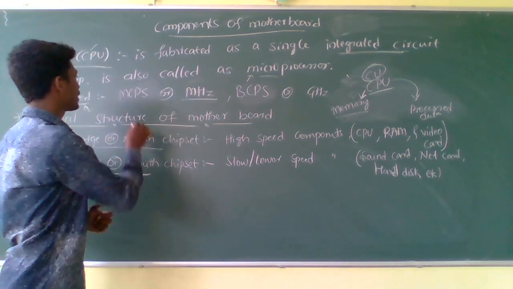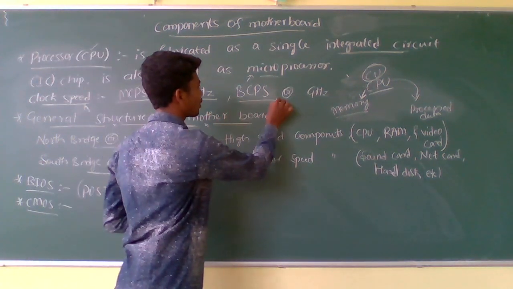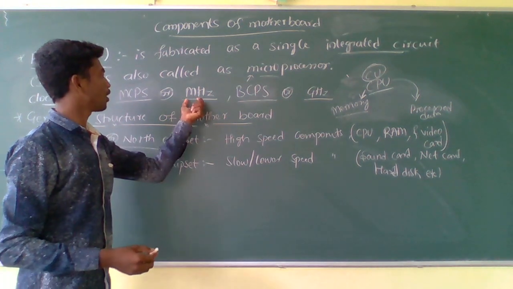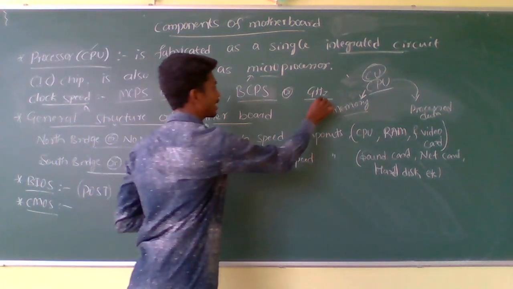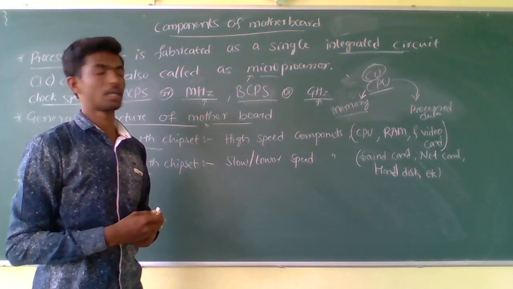Megahertz means millions per second, or billions per second, which is gigahertz. Megahertz or gigahertz are the common clock speed measurements we use.